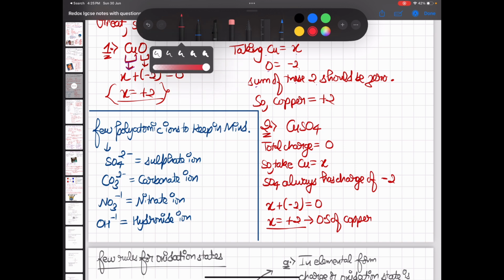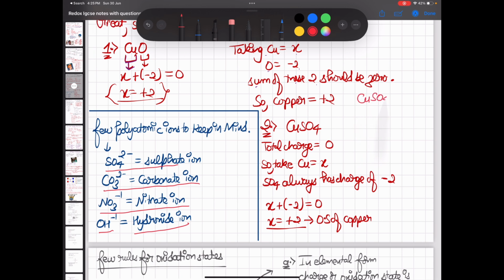One is the sulfate ion, SO4 2 negative. The other one is carbonate, CO3 2 minus. Nitrate, NO3 minus 1, OH negative. That is the hydroxide ion. Now let's say you have to find the oxidation state of copper in CuSO4. Remembering the polyatomic ions makes it much easier for you. You know that SO4 has a charge of negative 2. So I'll write negative 2 here.